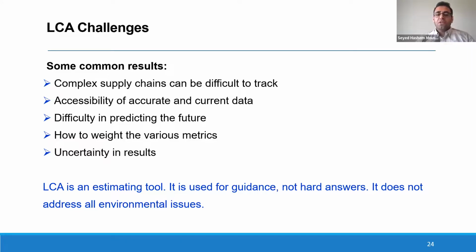So for each of those, at the end, it's difficult to decide which process or which product is better in terms of life cycle assessment, because those are different environmental impacts, and it's difficult to weight those.